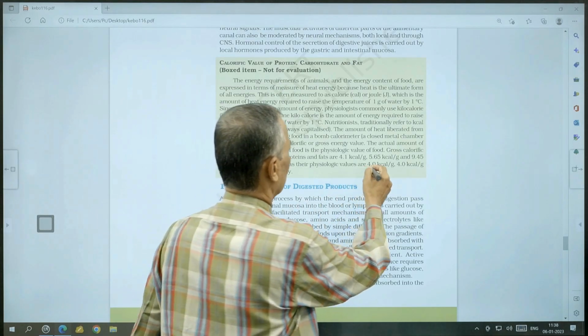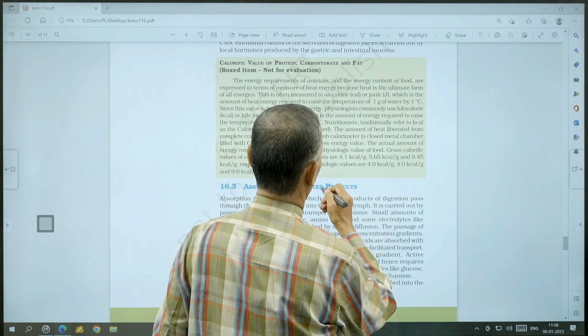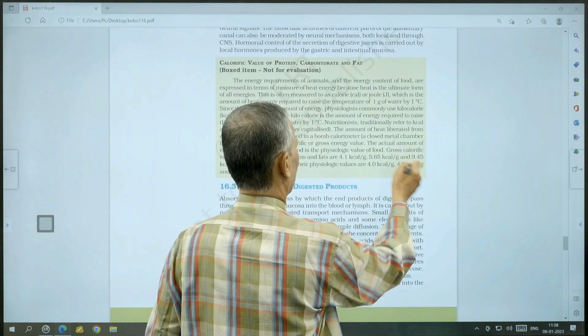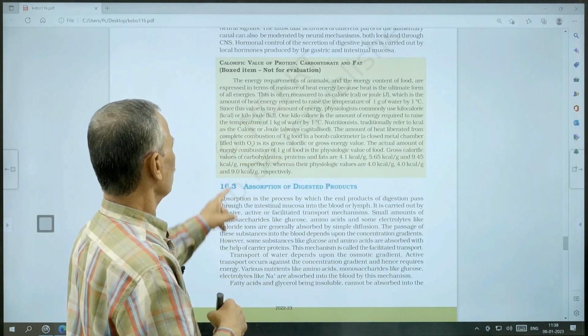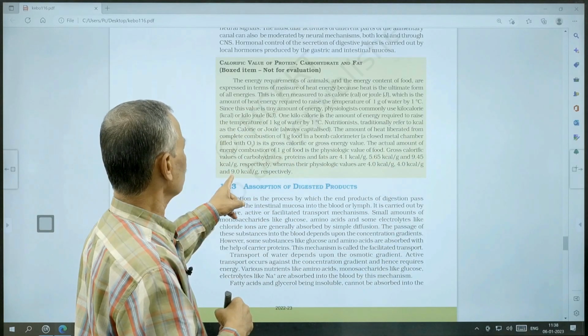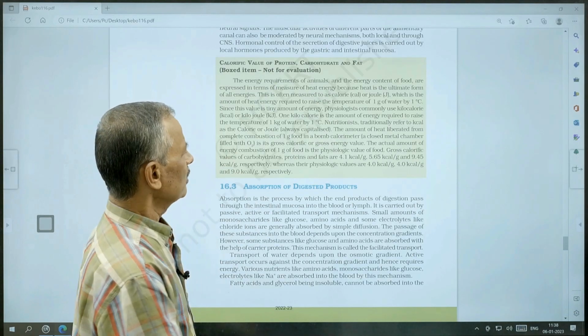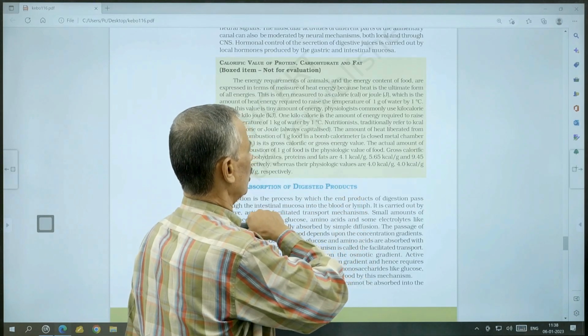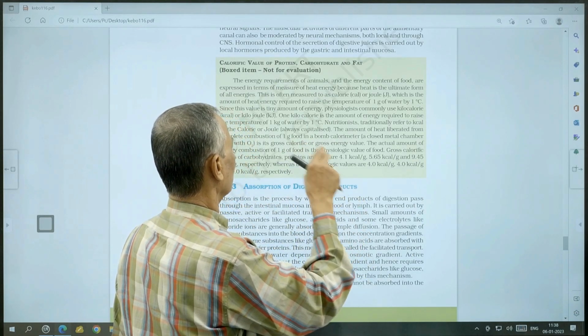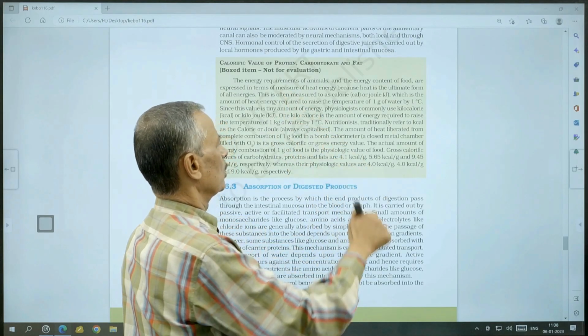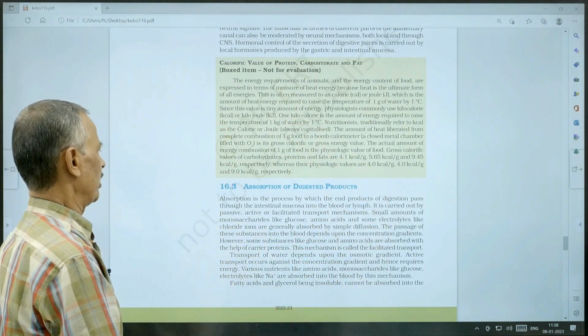It is 4.0 kilocalorie for protein as well as carbohydrate, whereas for lipid it is 9.0. So remember that the physiological calorific value is always lesser than the gross calorific value.